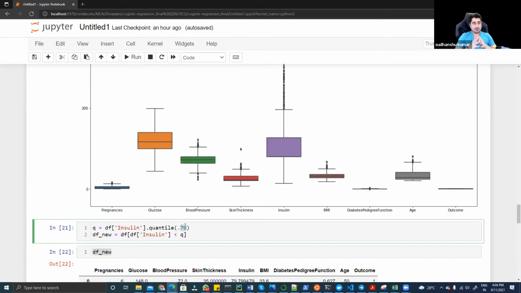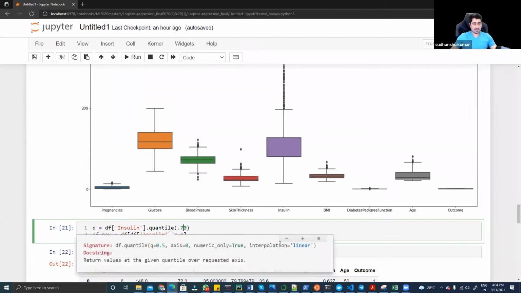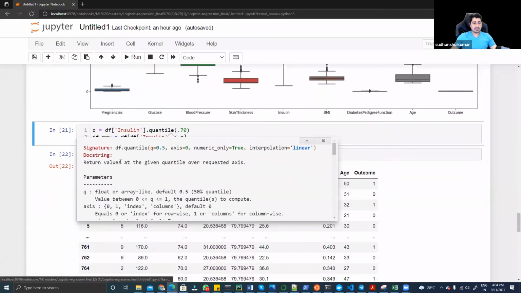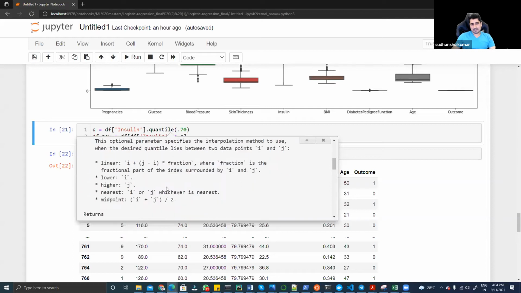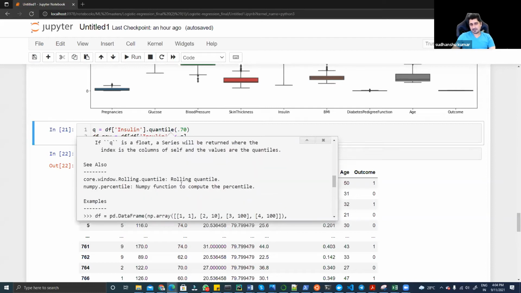If I show you the definition of this one, it returns the value at the given quantile over a requested axis. So if I write quantile equal to 70%, above the 70% quantile range it is going to remove the data, and below that it is going to keep the data set. This is what it means as per the definition.